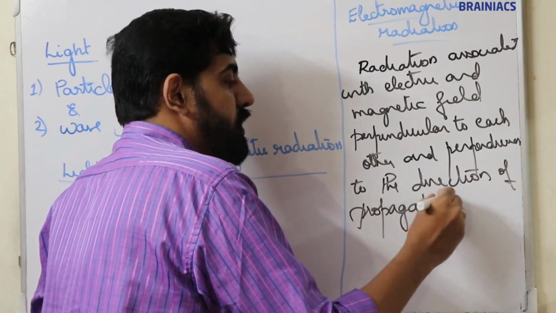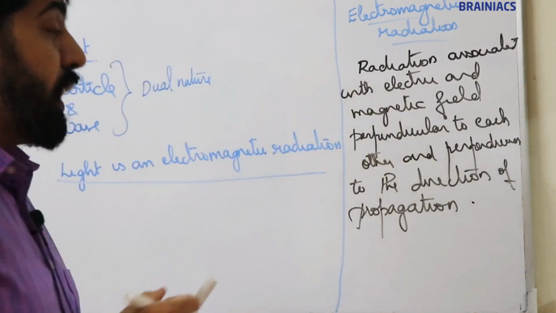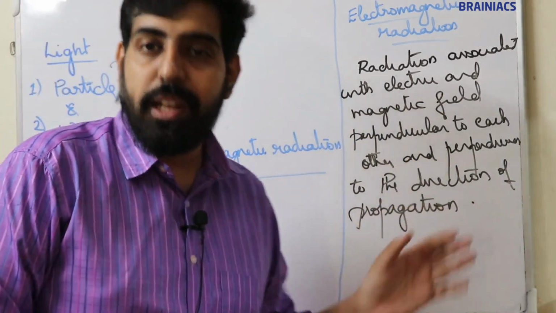So radiation associated with electric and magnetic field perpendicular to each other and perpendicular to the direction of propagation.